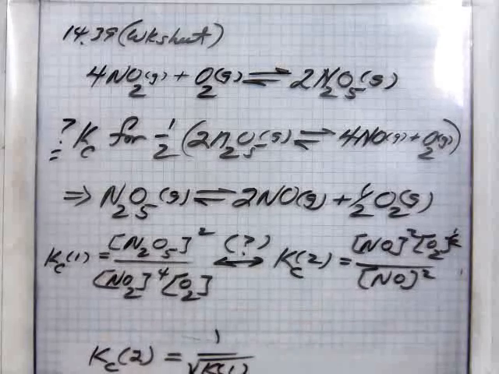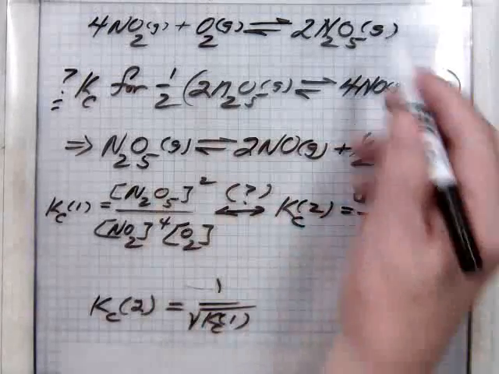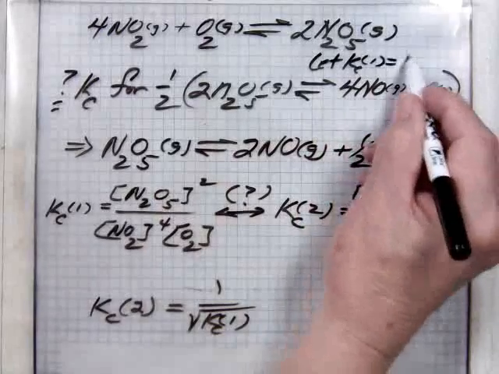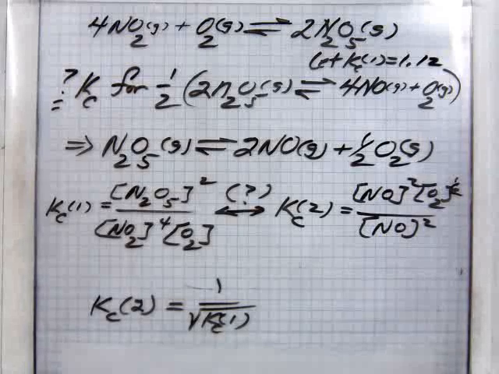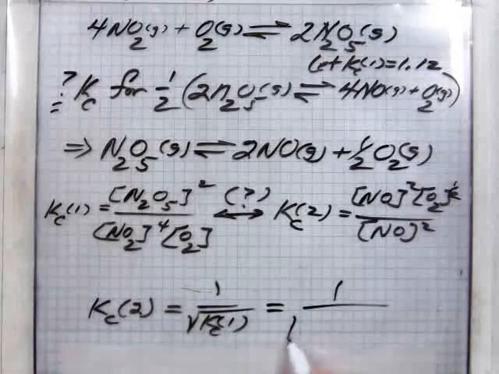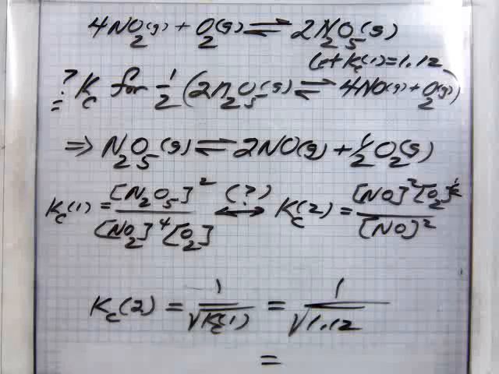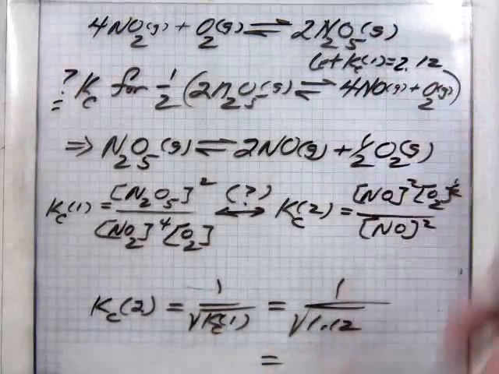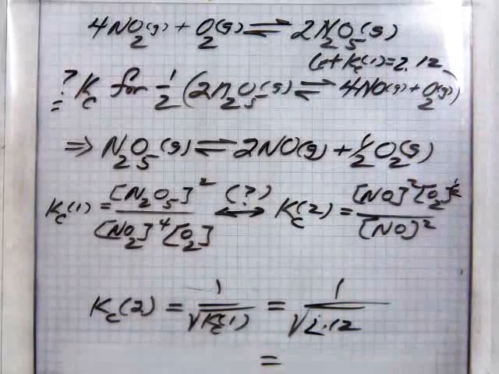Now, if given the value for Kc1, let's say Kc1 equals 2.12, what is the Kc for the reverse reaction? Then that would be 1 over the square root of 2.12.